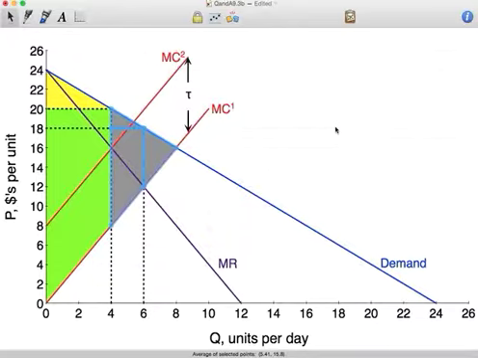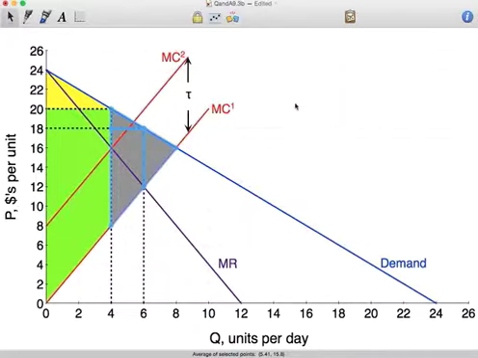Now, we haven't finished here because we have not accounted for something else. Remember, a tax was imposed upon the monopolist. Therefore, we have to account for the tax revenue that is being generated from this. All right? So we have not accounted for the taxes that are going to be paid by the monopolist.